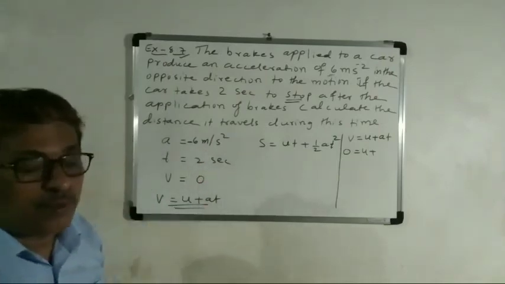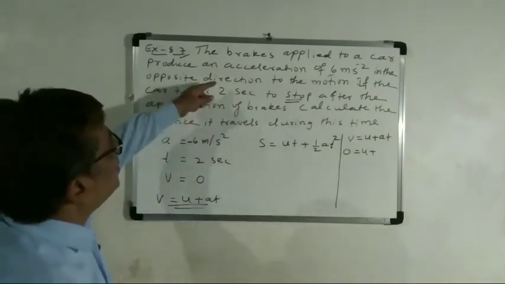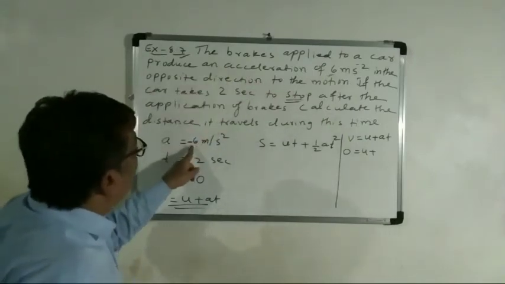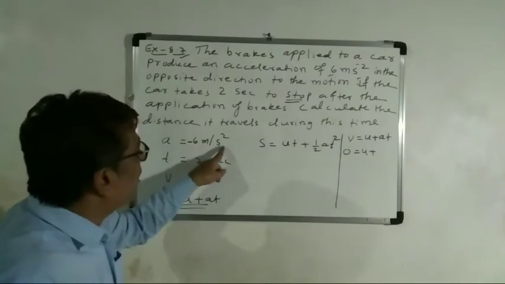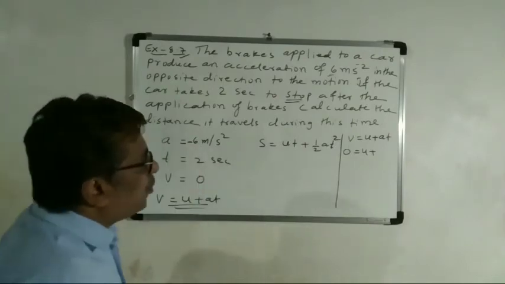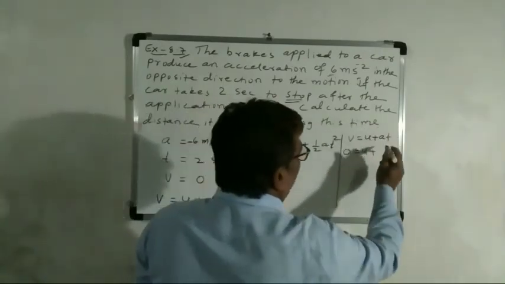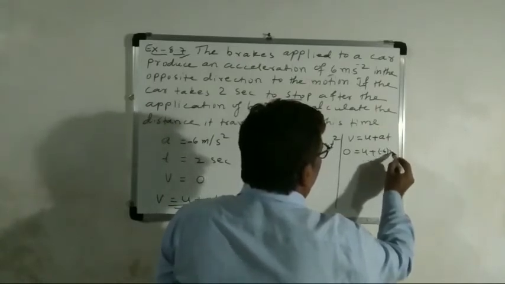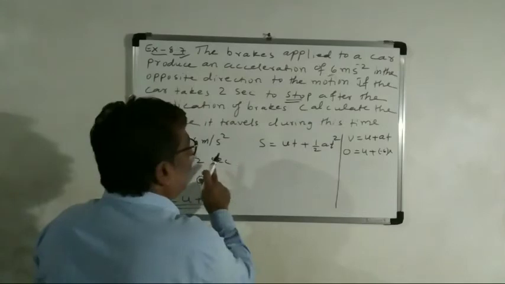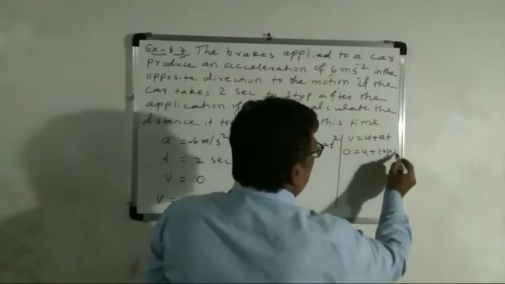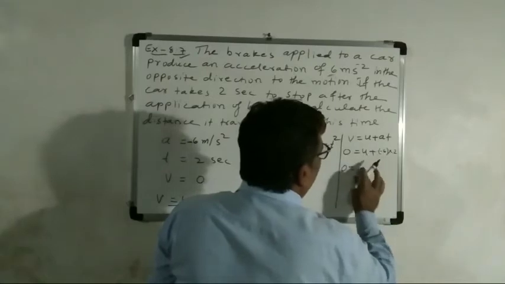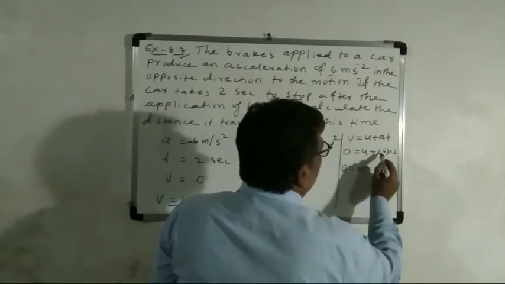It is not simple acceleration, it is in the opposite direction. So that is why minus 6 meter per second square. Now A I have to write minus 6, and T is 2. So 0 equals u plus minus 6 into 2, which is minus 12.